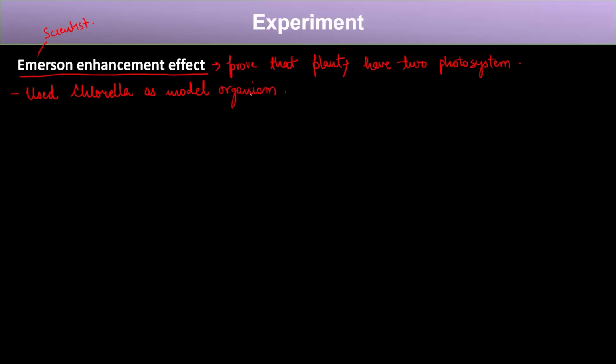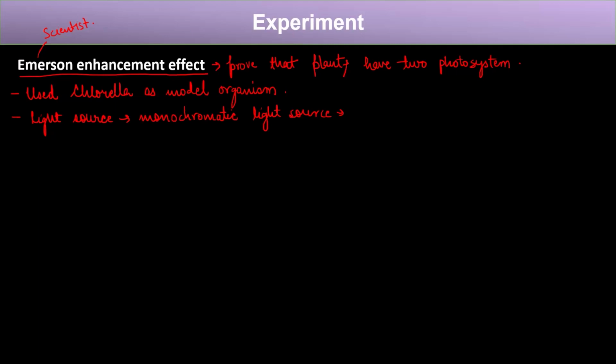So he performed the experiment on the chlorella, and the light source that he used was a monochromatic light source. Now, what is a monochromatic light source? It means they emit a light of a specific wavelength.